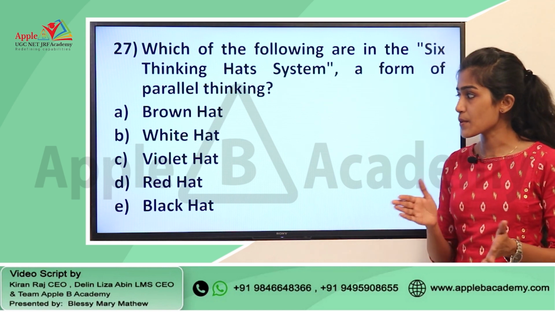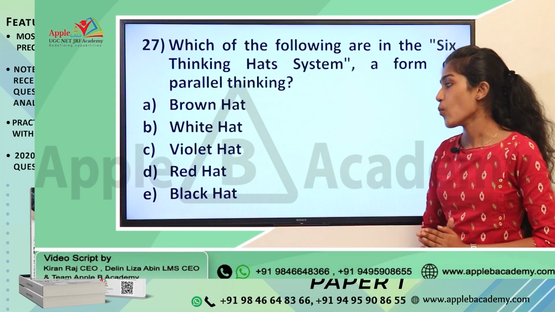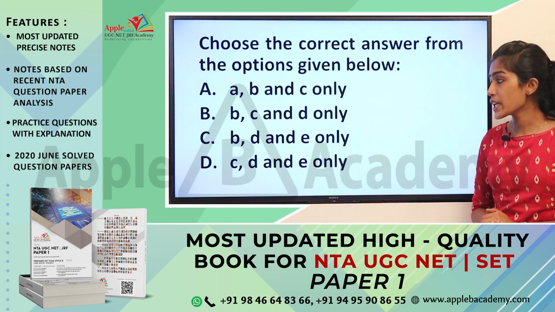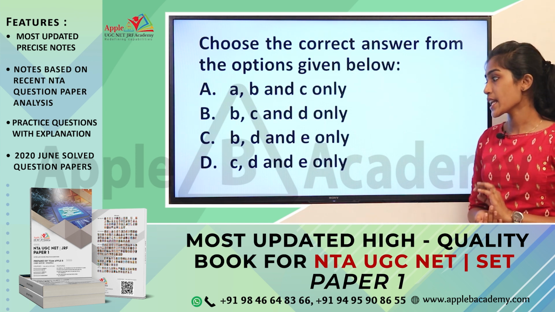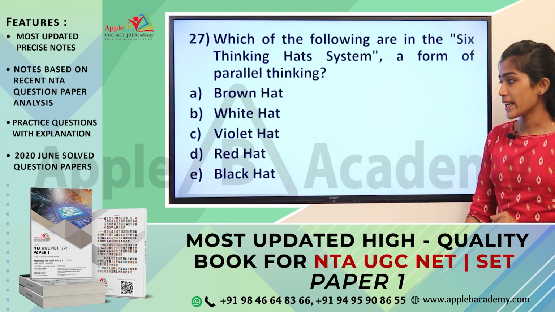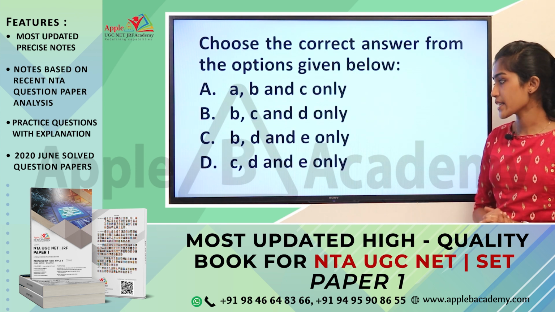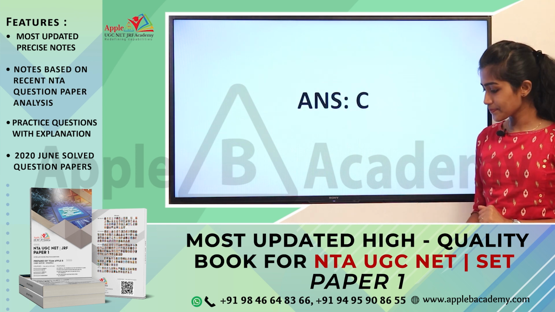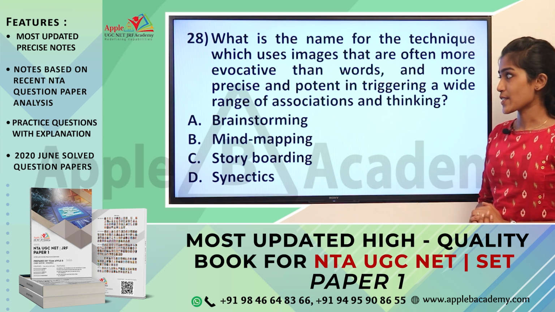We have the options brown hat, white hat, violet hat, red hat and black hat. We have to find out three correct options, and that includes B, D and E: white hat, red hat and black hat. So, that is option C. So, the right answer is option C. Moving to the next question.